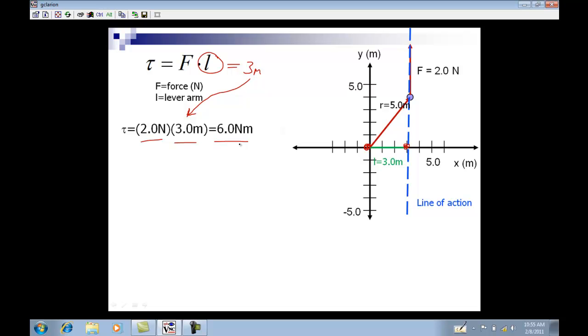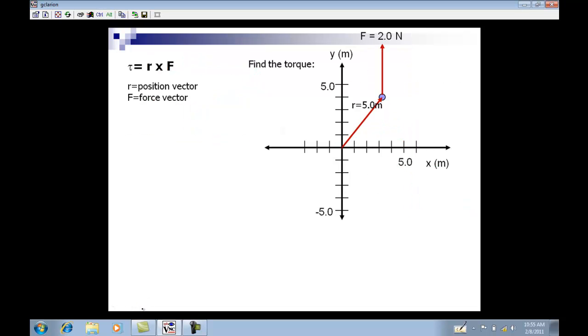Now, what I want you guys to also see is this equation for the torque. It is the vector cross product notation for the calculation of torque.